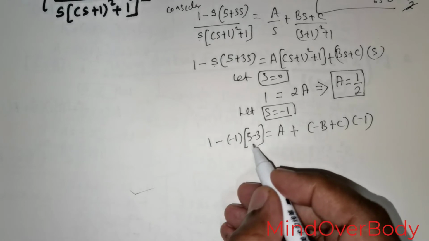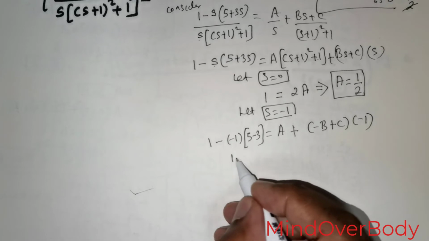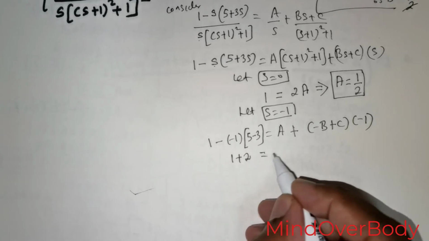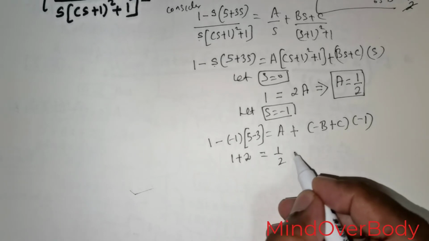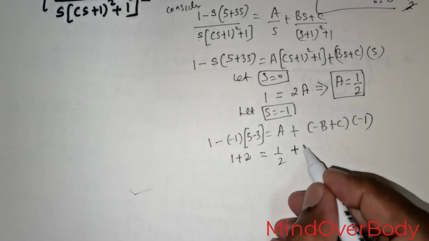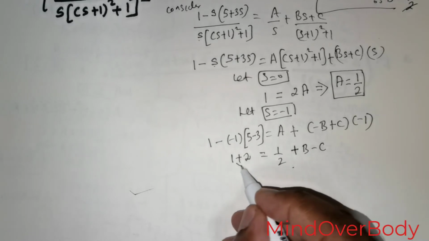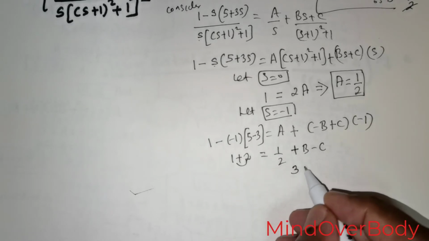So this will give me a 2, and it's going to be positive, so it's going to be 1 positive 2 is equal to my A, which is 1 over 2, and this will give me a positive B and a negative C, and 1 positive 2 is going to be 3.